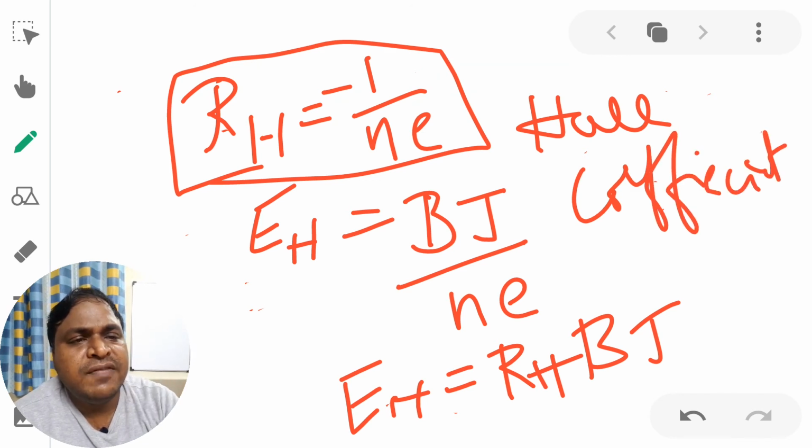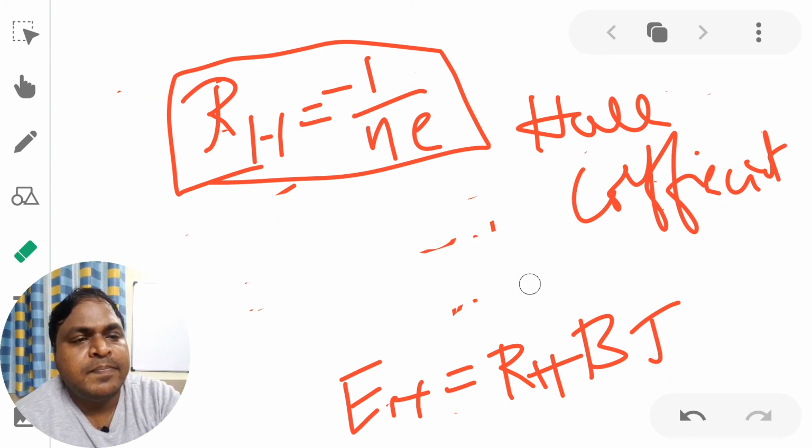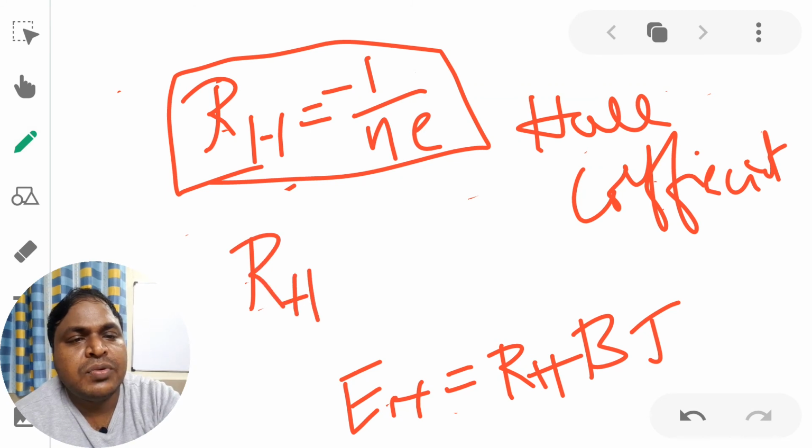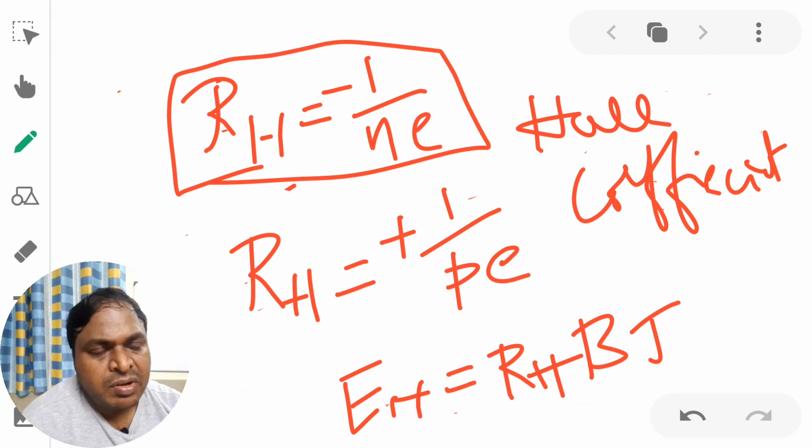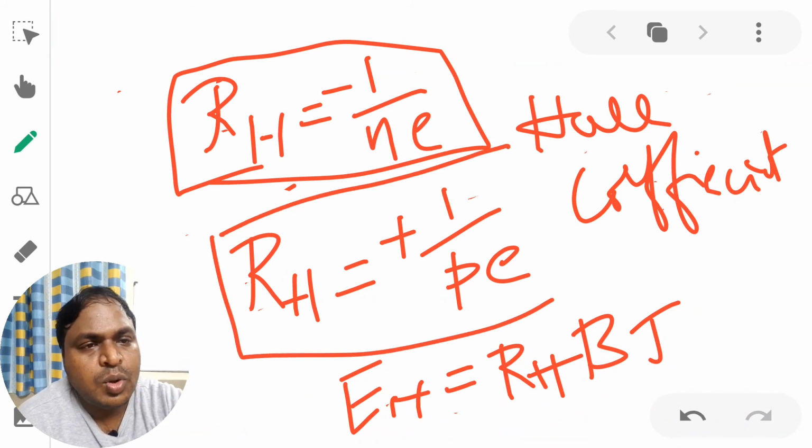Okay, similarly for p-type semiconductors, you can calculate RH is equal to plus 1 by pe. Okay, n stands for electron, p stands for holes, and plus stands for positive charge of holes.